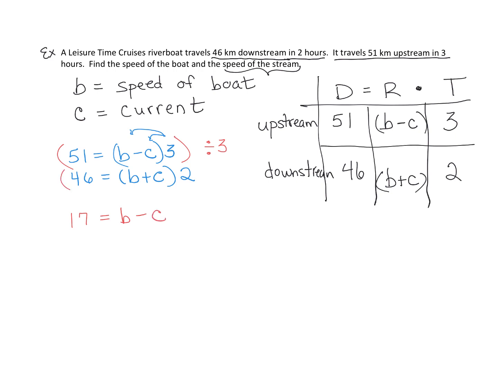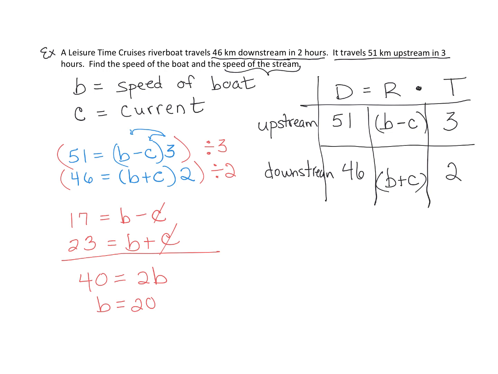And I'll take this equation and I'll divide everything by 2. And that will give me 23 equals b plus c. So this is set up nicely for elimination. If I add these together, I get 40 equals 2b because my c's add to 0, and b equals 20.